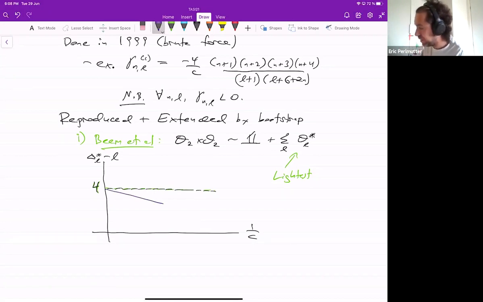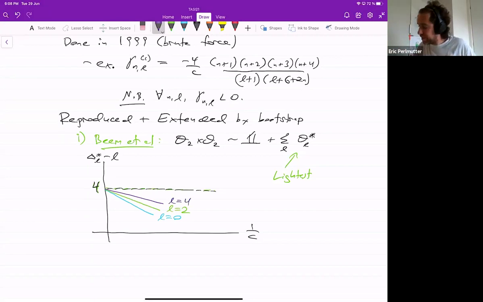Near the origin in 1 over C. So here I'm plotting the first 3 spins. And of course, I'm exaggerating a bit to make a point, which I will explain shortly.